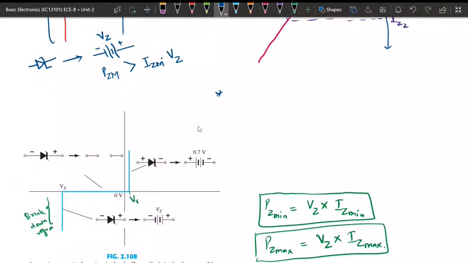So this Zener diode works in a reverse bias case.